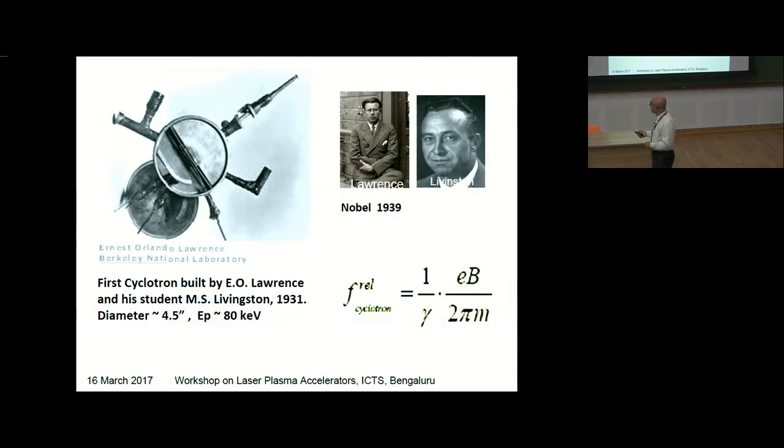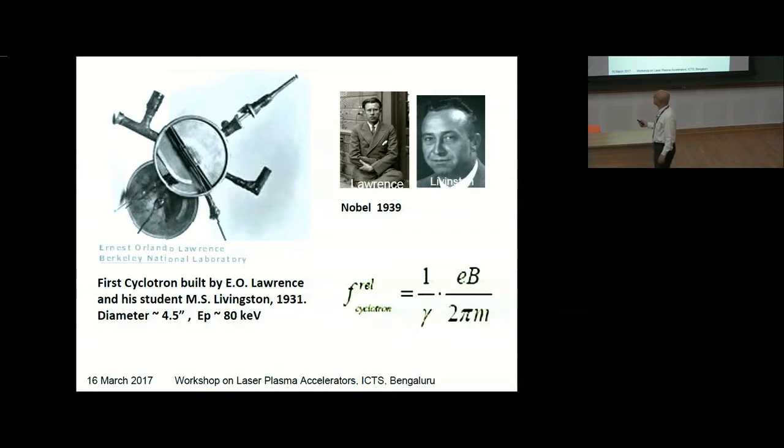He found that relation: the frequency was the magnetic field divided by mass. It didn't depend on the energy at all. So as the energy increased, the frequency of rotation doesn't change. This is the cyclotron frequency, and that's how, with a single accelerating gap and a magnetic field, he could accelerate particles.